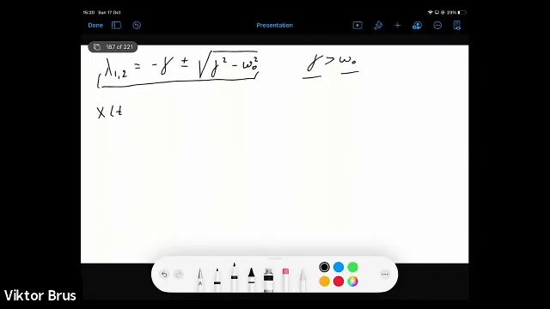Our position as a function of time will be given as constant C1 times exponent of lambda 1, the first solution of our characteristic equation, times t, plus C2 times exponent of lambda 2 times t. So that is the general form of the solution.